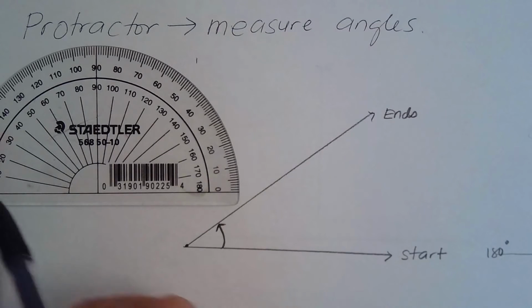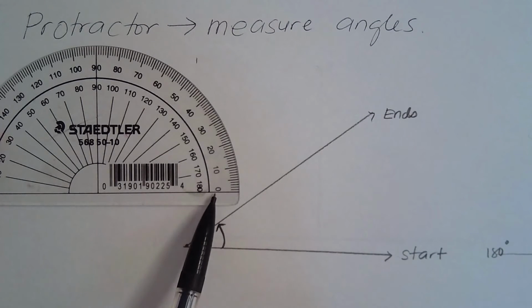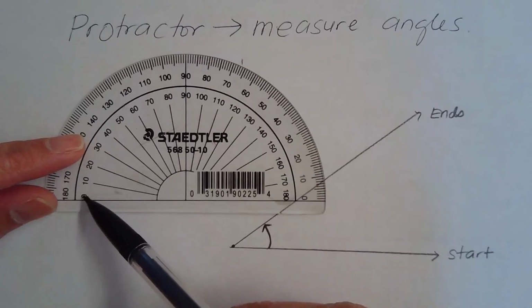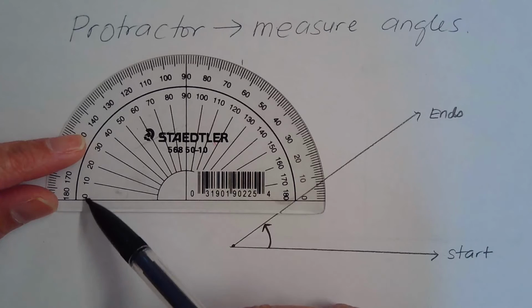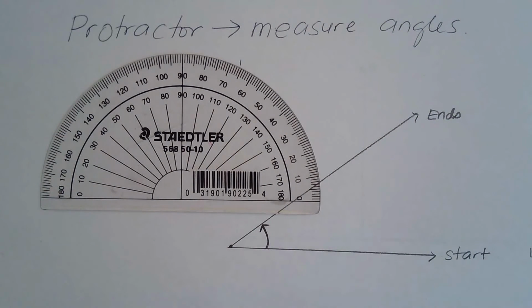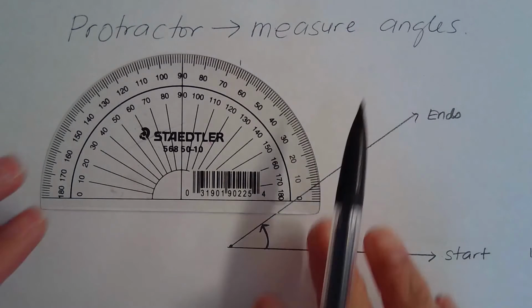Well, there are 2 zeros where you can start. You can start at this 0 and move this way, or you can start at this 0 and move this way. So that's why there are 2 zeros. You can go clockwise or counterclockwise. You can rotate either way.